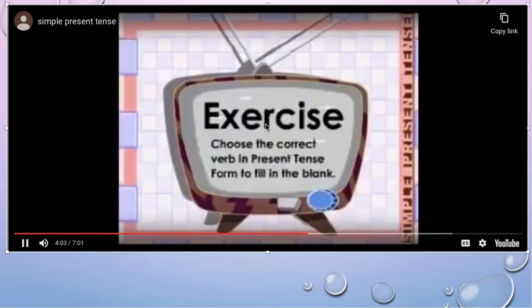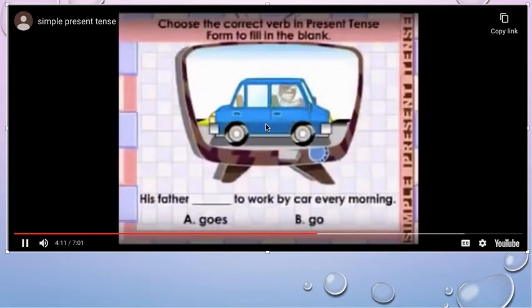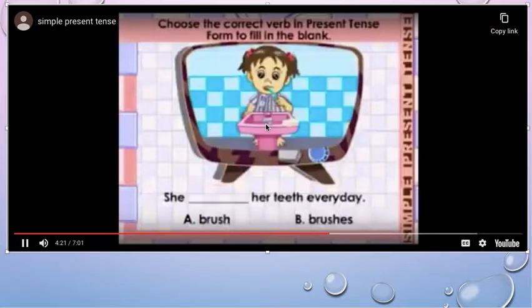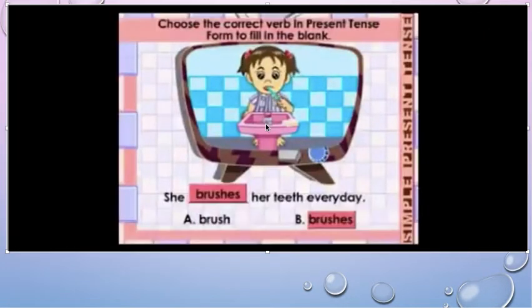Now, let us do an exercise together. Choose the correct verb in the present tense form to fill in the blank. His father goes to work by car every morning. She brushes her teeth every day.